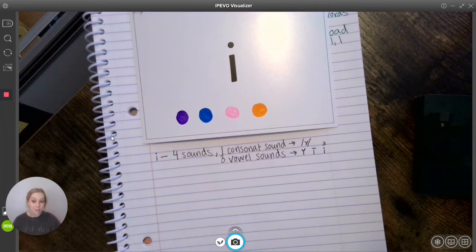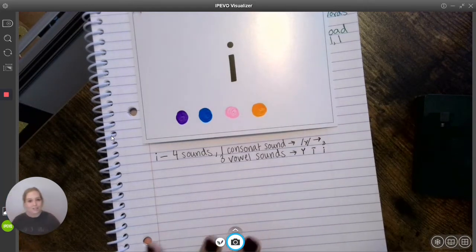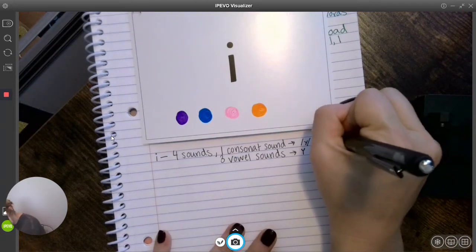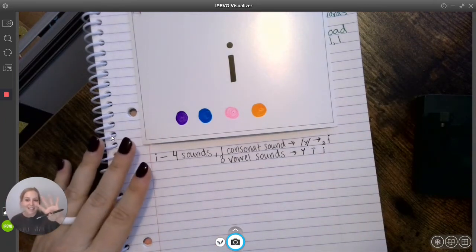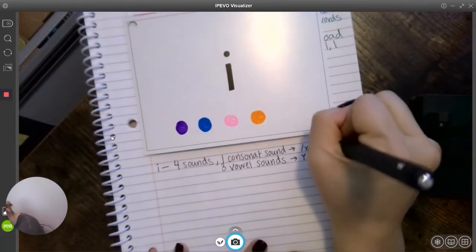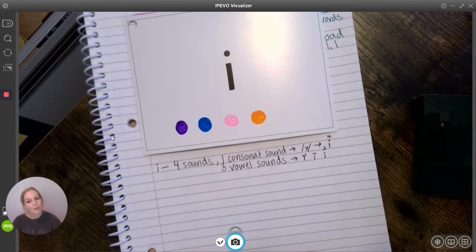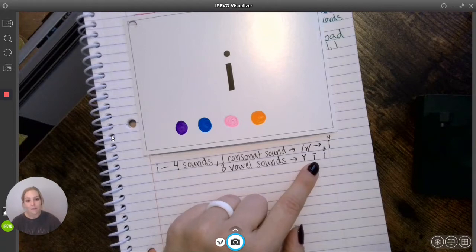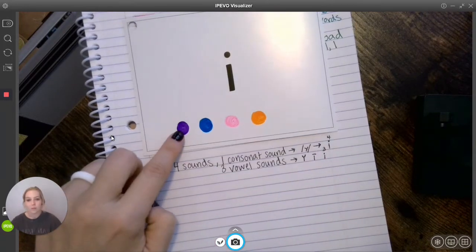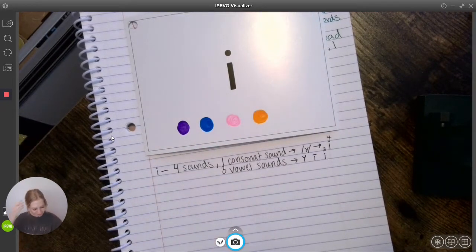So to mark this one, we're going to draw an arrow to show how we write it. We will mark it as an I, and then what do you think we put over it? A 4. We're going to put a 4 to show that it is the fourth sound. That way we don't confuse it with a Y. So we have breve, macron, 3, 4. Breve, macron, 3, 4. Good job.